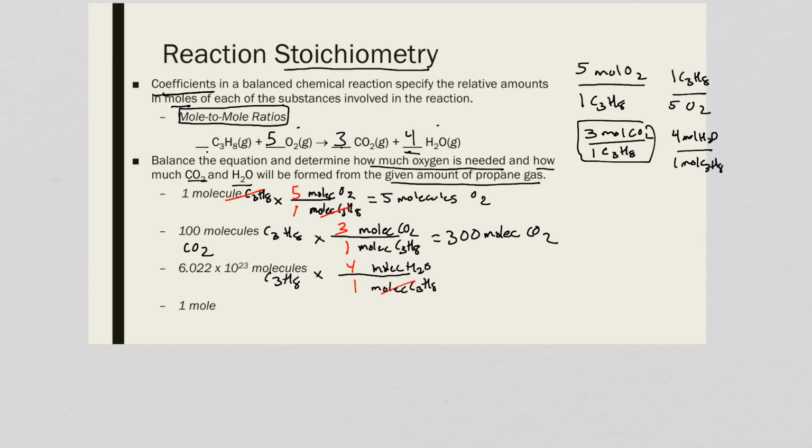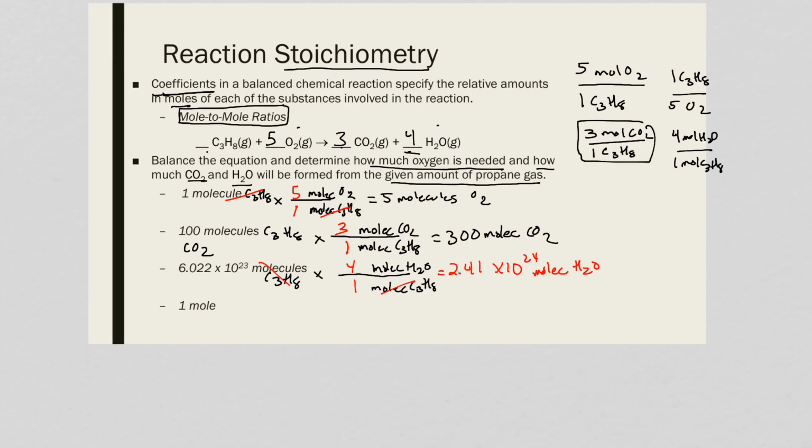Again, my molecules cancel, and I end up with 6.022 times 10 to the 23 times 4, which would be 2.41 times 10 to the 24 molecules of water. So we can see how these ratios are going to work. Once I have the balanced equation, it unlocks the ability to do all of these conversions.